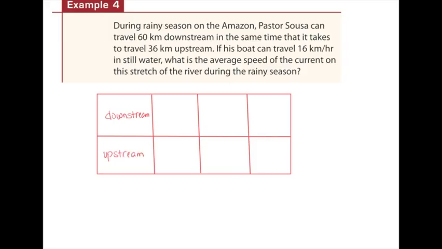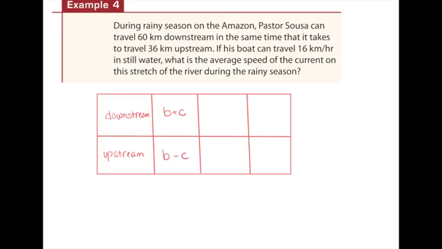All right. And so you have the rate of the boat, how fast the boat is going, and then you have the rate of the current, how fast the current is going. All right. When you're going downstream, you actually add these. If you add the boat and the current, that's going to be the total rate that you're traveling. All right. But if you're going upstream, you have to take how fast you're going and subtract the current.